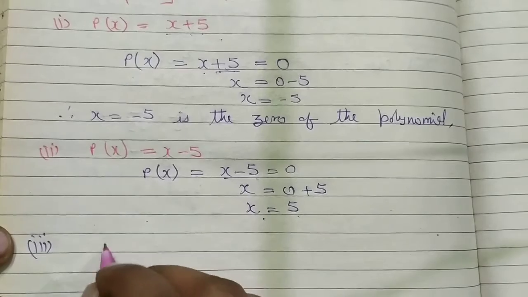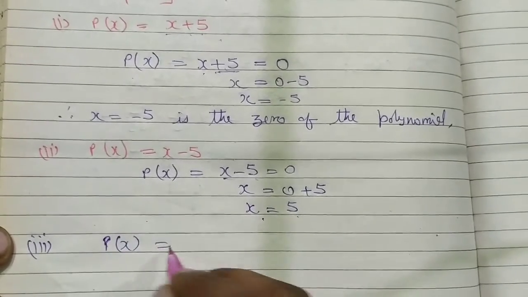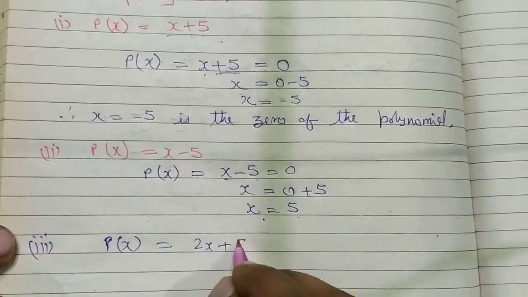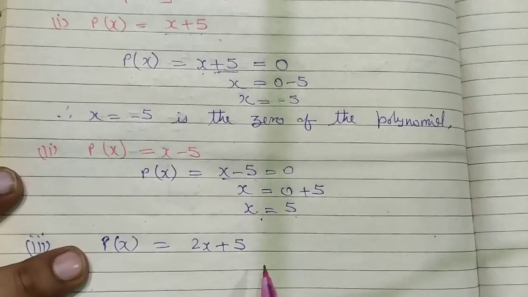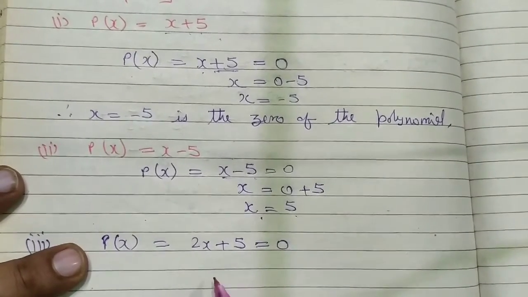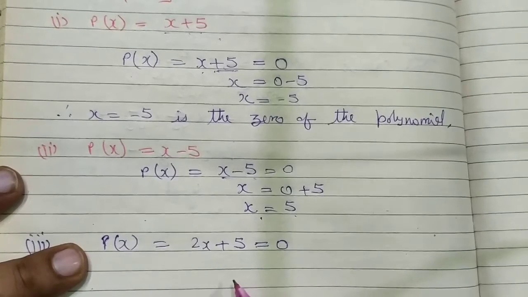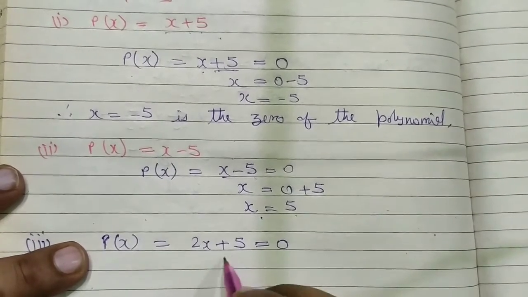now the third one, it is p(x) is equal to 2x plus 5. Now this third equation is given, which should be equal to 0. So we will take it as 0 because it is given. We just need to find the 0 of this polynomial.